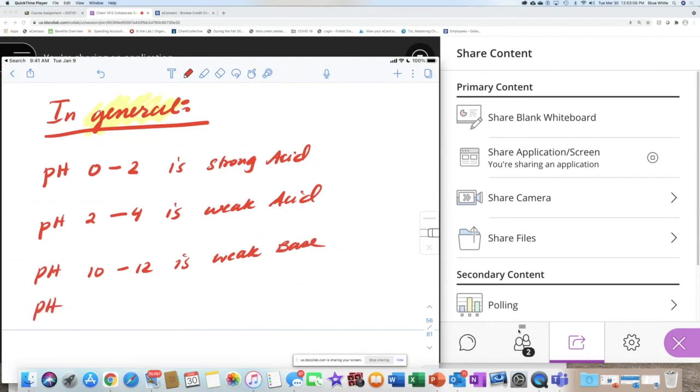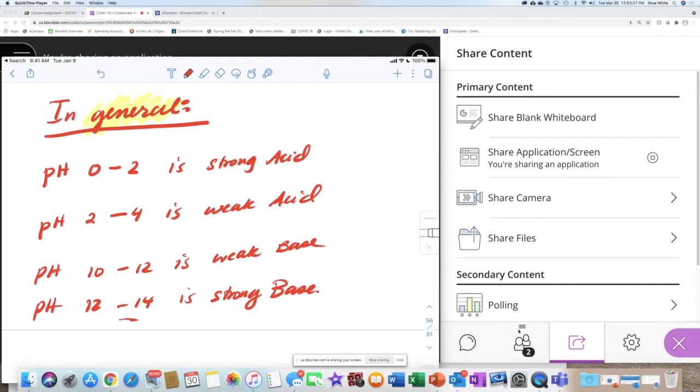And then pH of 12 to 14 is a strong base. Okay? The closer we are to 14, we see a strong base, a chemical behaving more basic. Close to 0, we see very strong acid, a chemical behaving very acidic.